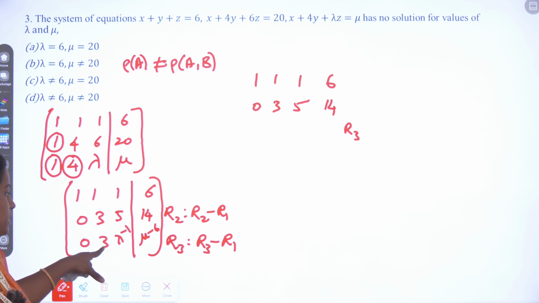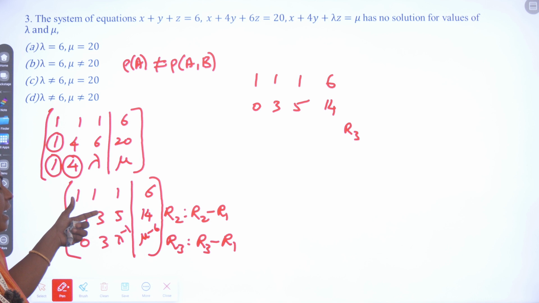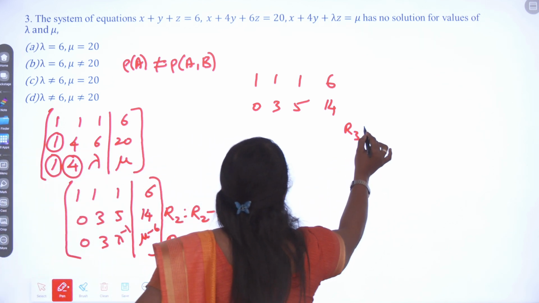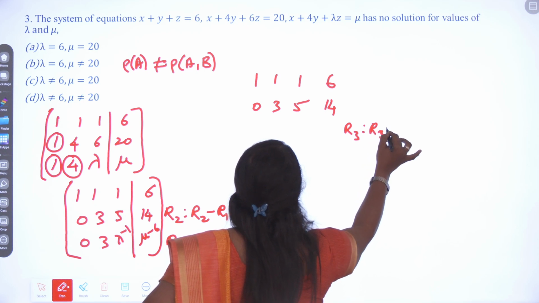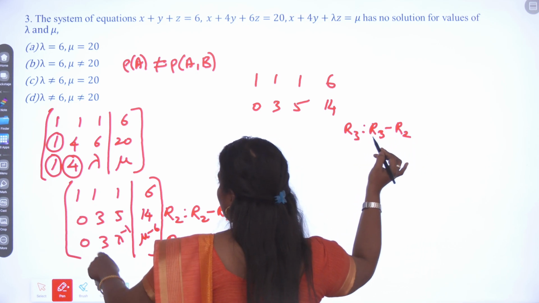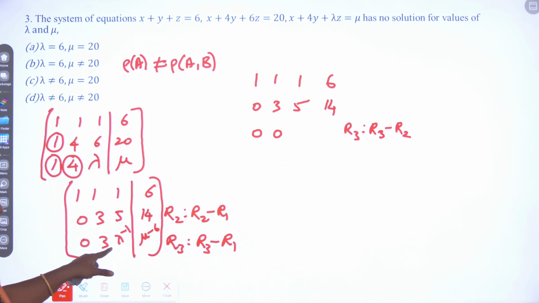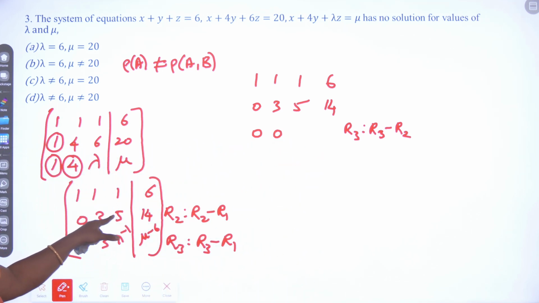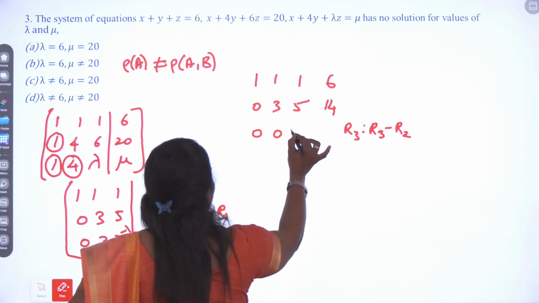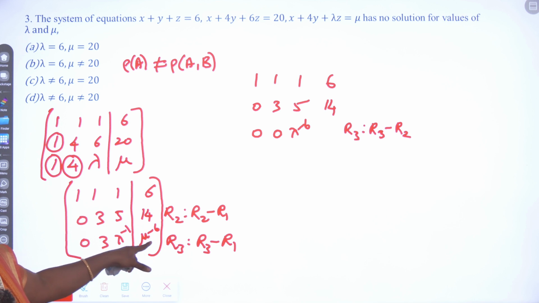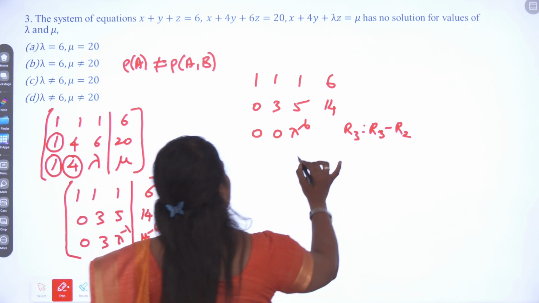Here also it is very simple: when we subtract R3 minus R2, this element becomes 0. So R3 is given by R3 minus R2. So this value is 0, this is also 0, and this becomes lambda minus 1 minus 5, which is lambda minus 6, and this is mu minus 6 minus 14, which is mu minus 20.